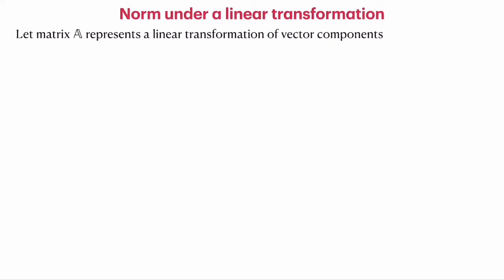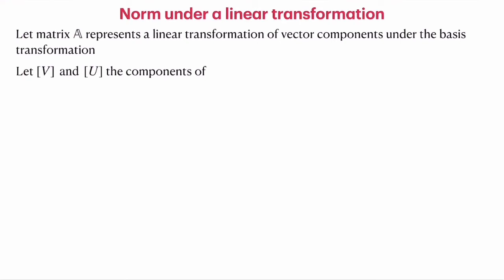Now we have seen how the vector components change under the linear transformation. Now we should see how the norm of a vector changes under the linear transformation. Let A be the matrix which represents the linear transformation of vector components from one basis system to another.